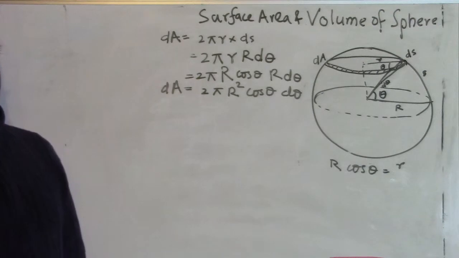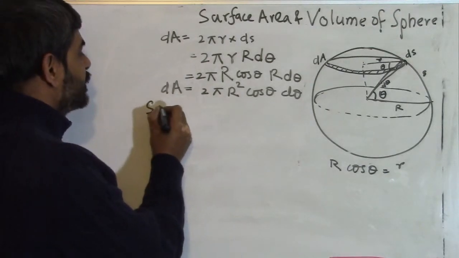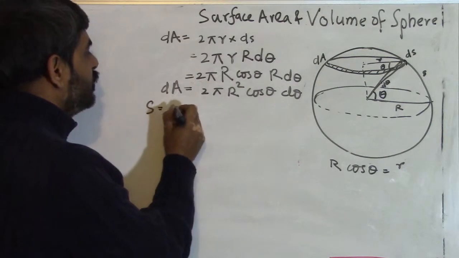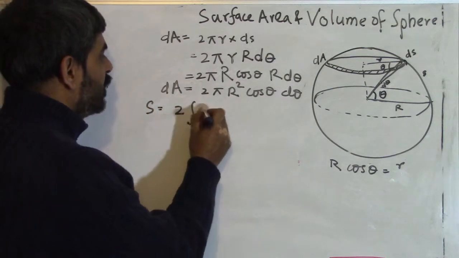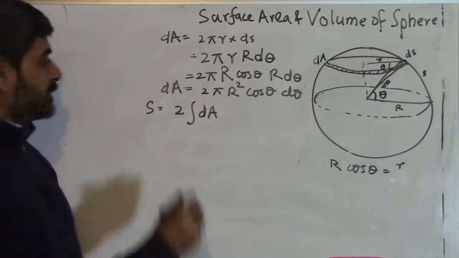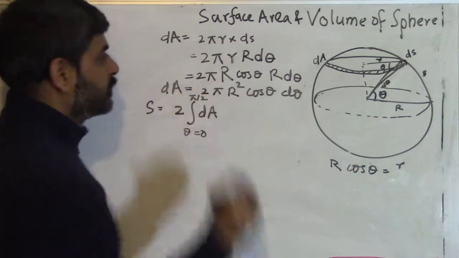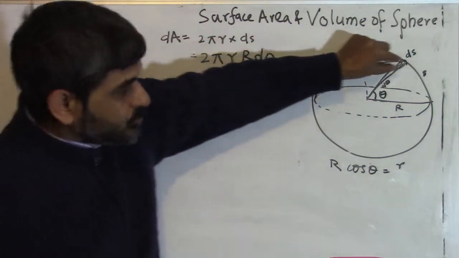The next thing we are going to say is that the total area S will be equal to 2 times the integral of dA, as theta varies from 0 to pi by 2. This dA is this small area.